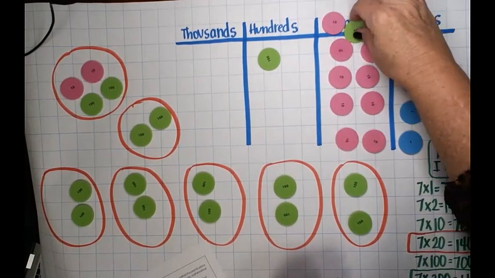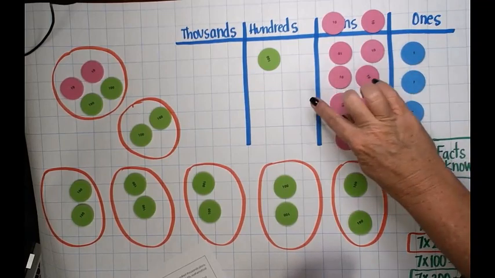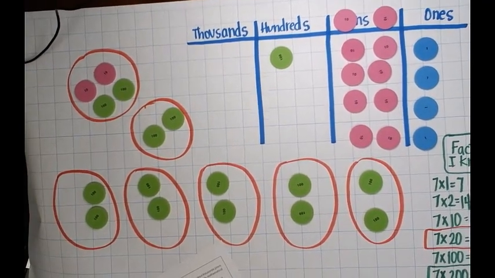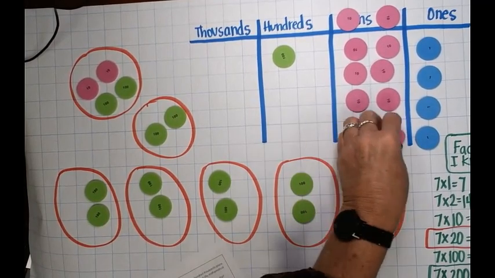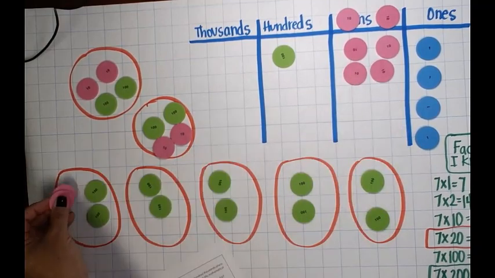Okay, so I'm going to take this 100 and remove it from my chart because now I've decomposed that 100 into 10 tens. Now I have some more tens that I can make sure I put in 20 into each circle or for each athlete.